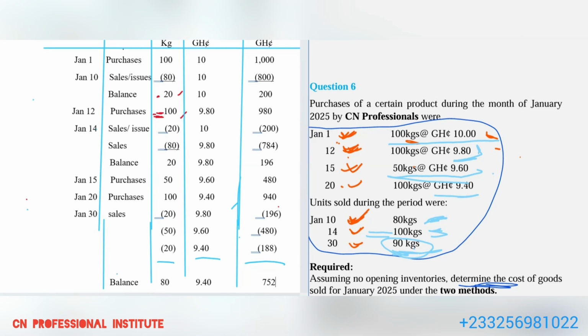Right, so 752 is the closing balance. So this is the balance at the year end.